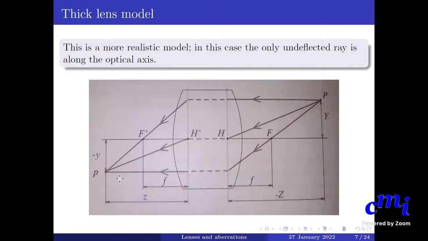So usually one looks at a more realistic model, which is the thick lens model, in which case the only undeflected ray is along the optical axis. This is one thing we need to remember: the only undeflected ray when we are talking about lenses is along the optical axis. The optical axis is where there is no deflection. That is the point to remember.